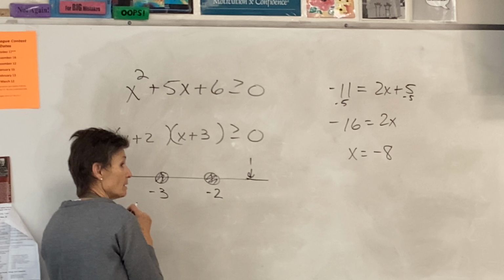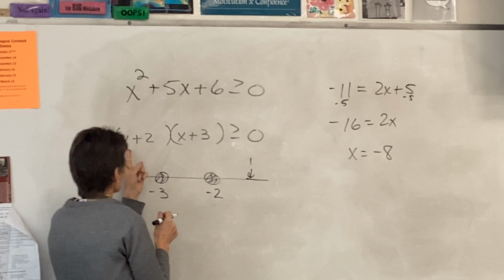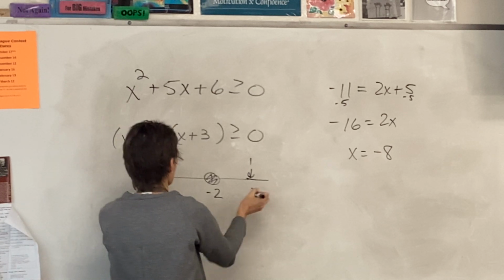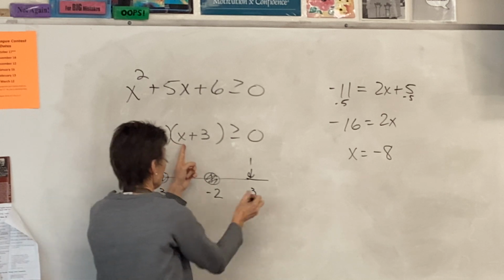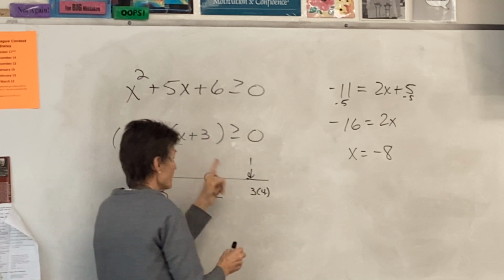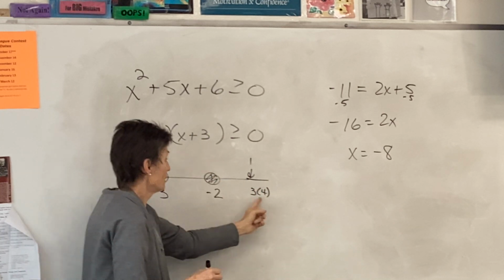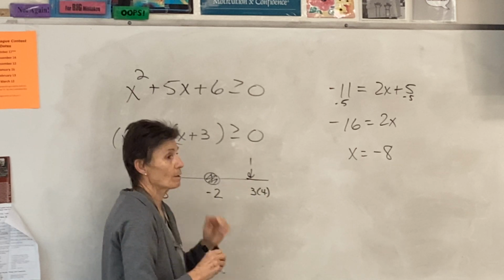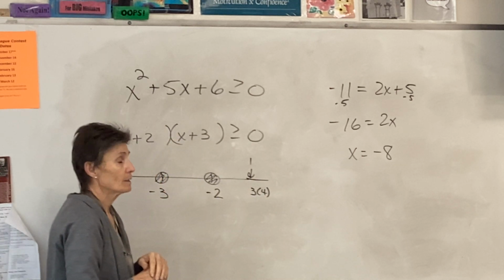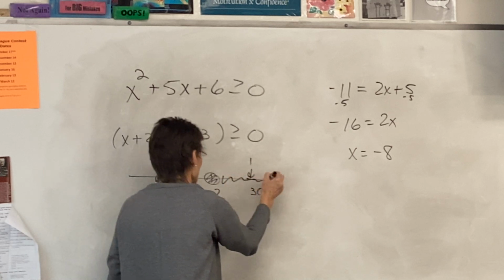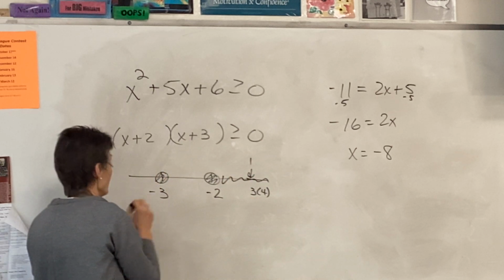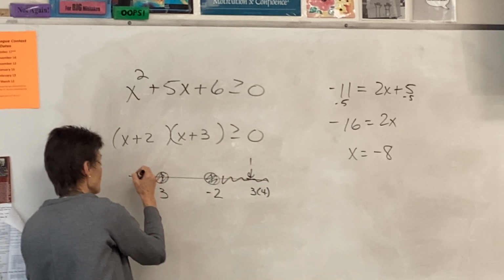So I'm checking 1. So 1 plus 2 is 3. 1 plus 3 is 4. Those are being multiplied. Is 3 times 4 bigger than 0? So I shade out here. I don't shade here, and I do shade here.